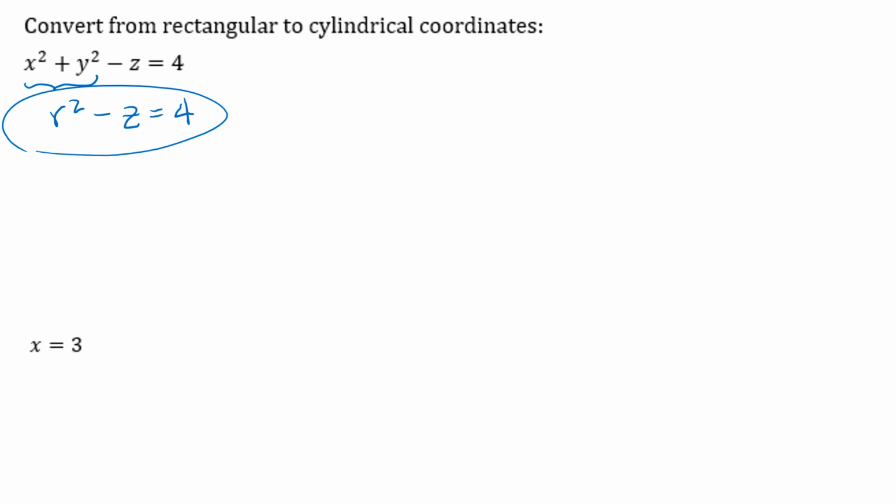We might think just for a second about what this graph looks like, just to get a little more comfortable thinking about graphs in cylindrical coordinates. I'm going to graph the rectangular coordinate form just because you're probably more comfortable with that. So if I do a little rearranging of that rectangular coordinate form, subtract 4 from both sides and add z to both sides, I get it in this form, which is maybe a little bit easier to see what this is.